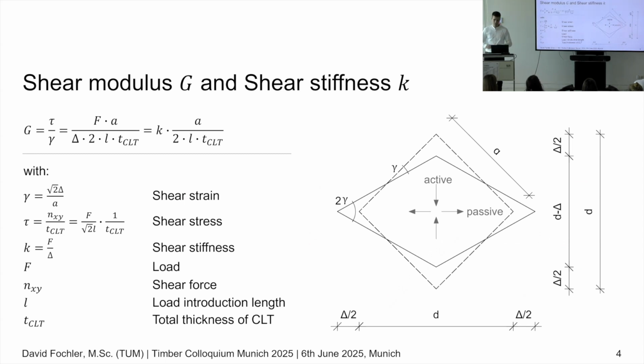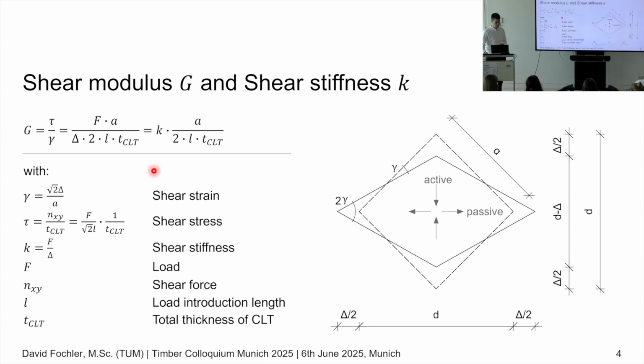And on top of that, as long as we stay with small displacements, we can calculate the resulting shear stiffness and the shear modulus using simple geometry. It's here in this equation, because the shear modulus is the shear stress divided by the shear strain.